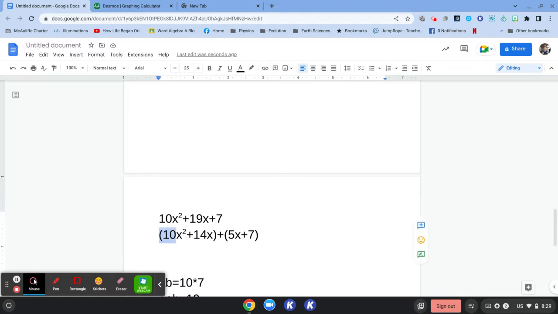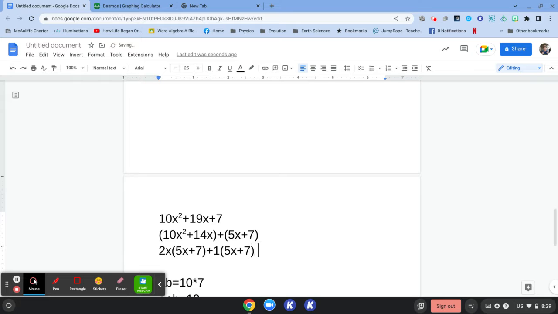So 10x squared and 14x, they share a 2 and an x. And when I pull a 2x out of 10x squared, I'm left just with 5x. When I pull a 2x out of 14x, I'm left with 7. And then 5x plus 7 share no factors other than 1. So I'm going to pull a 1 out of there, and I'm left with still 5x plus 7.